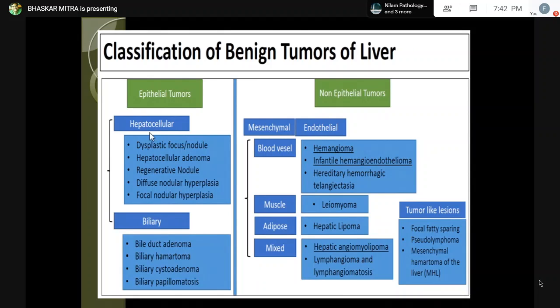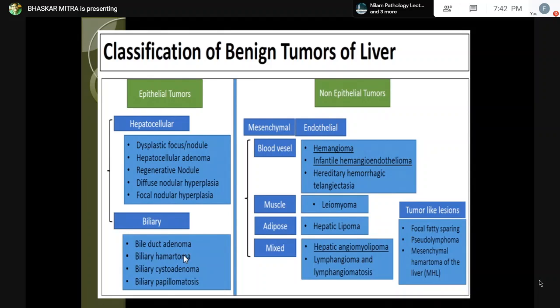Now in the bile duct group, again it can be divided into biliary hamartomas, biliary cystadenomas, then biliary duct adenomas. So these are the two groups in the epithelial part.